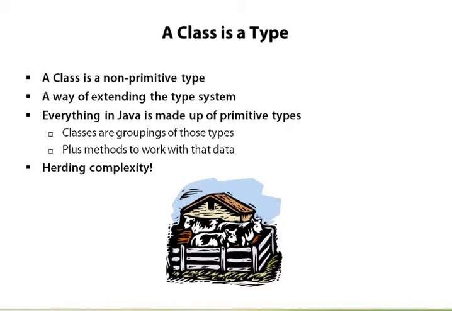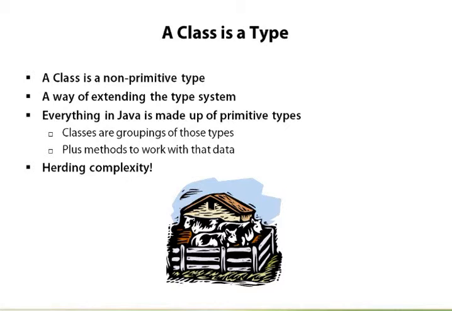In Java, everything is eventually made up of primitive types. Everything that exists in the Java programming language has at the root of it a primitive type: an integer, a character, a decimal. And a class is just composed of those primitive types and then some methods to work with that data. So when you think about it, what you're doing with a class is herding complexity.